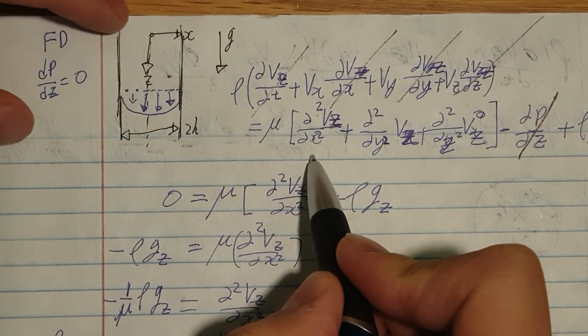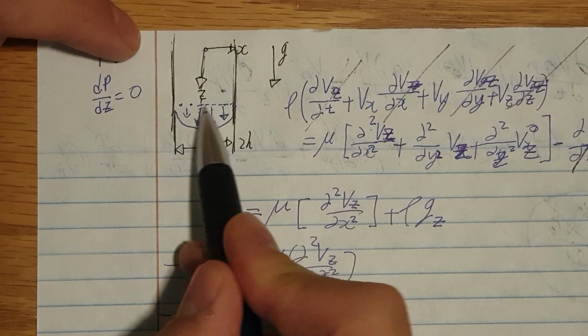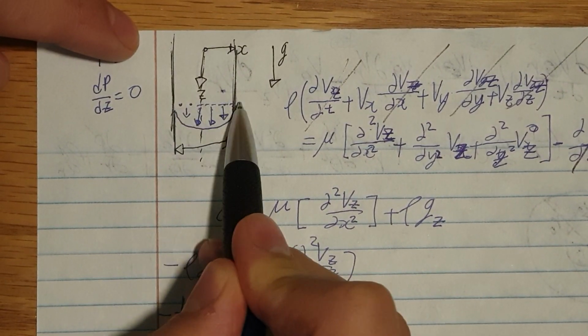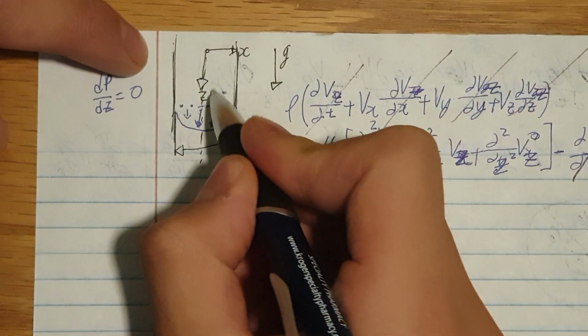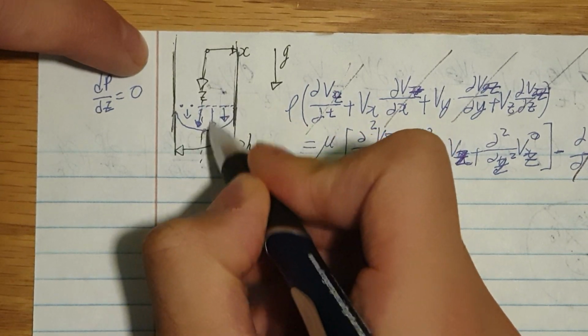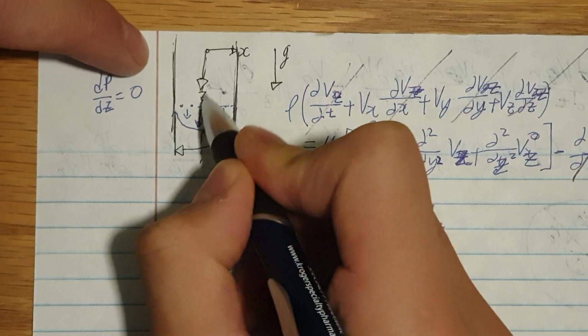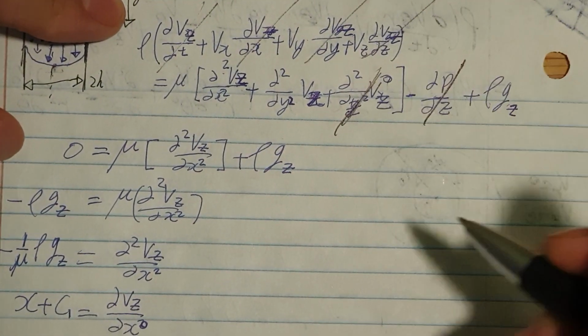The velocity will change with the x coordinate, right? Even if the fluid is over here and here, so their z positions are different, their velocity is going to be the same. So this one goes away.